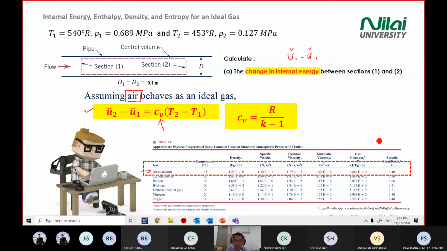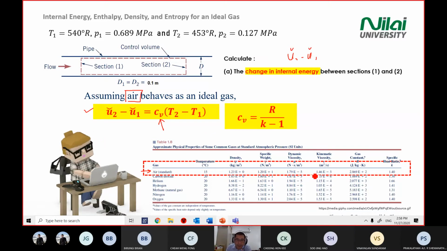What is the specific heat ratio K in this table for air? Give me the value of K for air. 1.4. Yeah, correct. Good job.